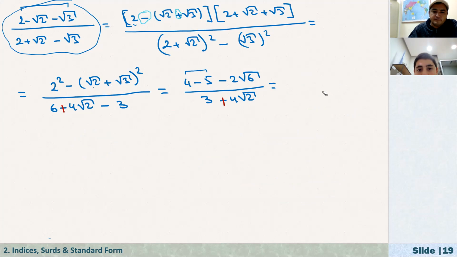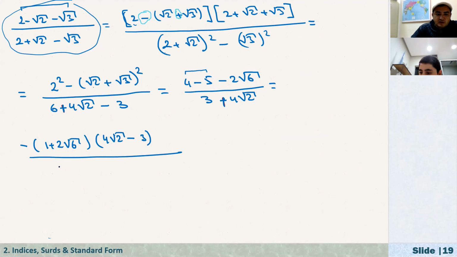Erase it. Okay. So now here we have, I can just keep this minus. Then here we have minus 1 plus 2 square root of 6, right? We should multiply by this minus. So let me just write like this: 4 square root of 2 minus 3.